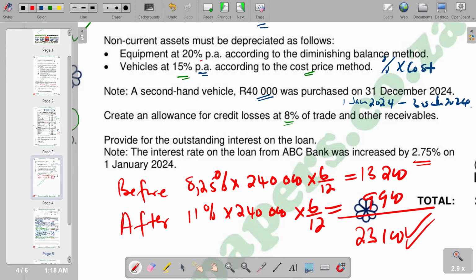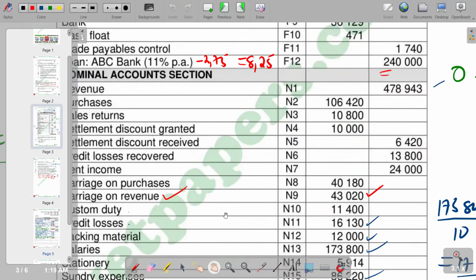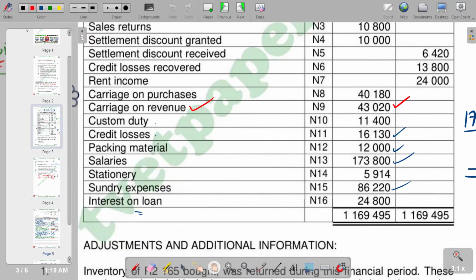So basically, this is what we have. Now we compare with the actual interest that was paid. The actual interest that was paid, we get it in the nominal account section. So if you come here, interest at 24,800. So this is the actual that was paid.